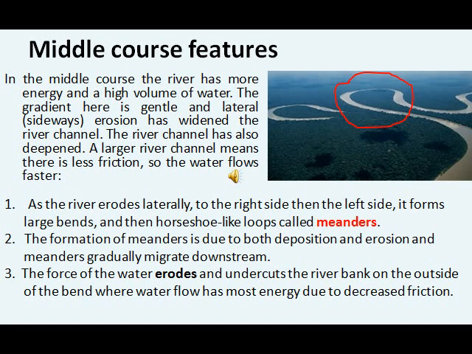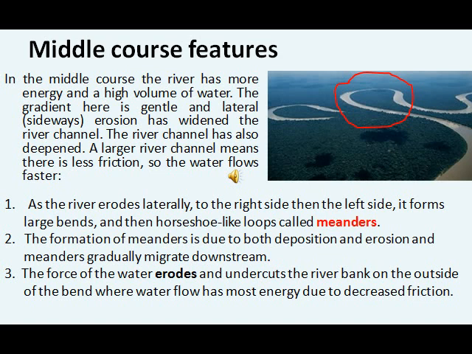As the river erodes laterally more on the right side than the left side, it forms large bends and then horseshoe-like loops called meanders. The formation of meanders is due to both deposition and erosion, and meanders gradually migrate downstream.